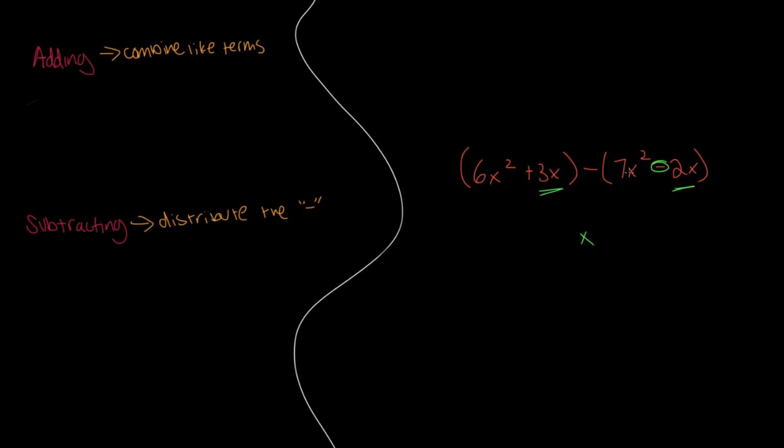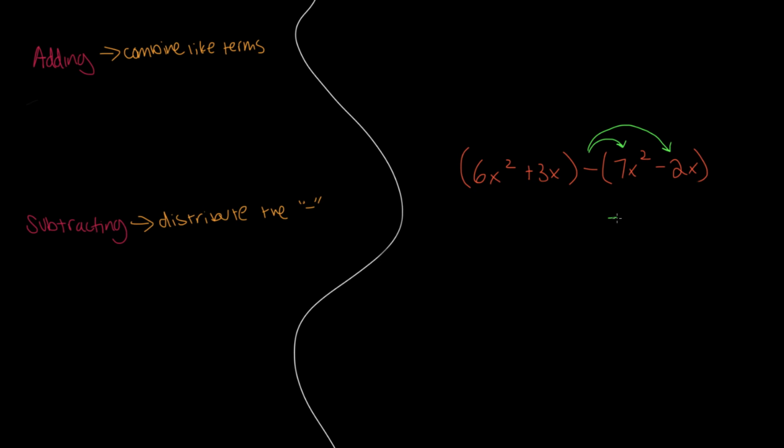And so usually when we have larger terms, it just makes it a lot easier to just distribute that negative and then add everything together, so we don't have to worry about messing stuff like that up or forgetting that we had a negative in front of one of the terms. So that's what we're going to do here. Let's distribute this negative to 7x squared and to negative 2x.